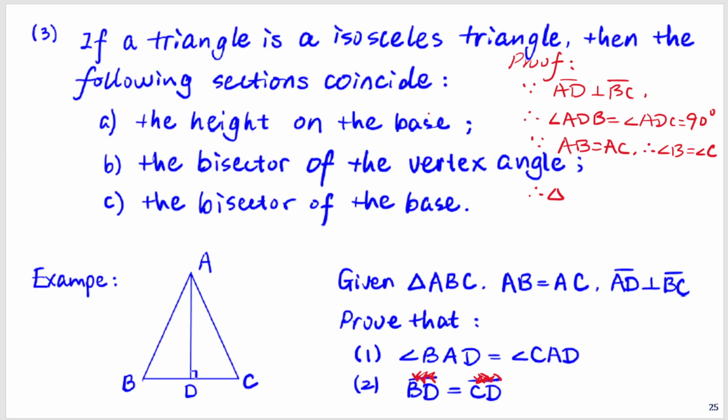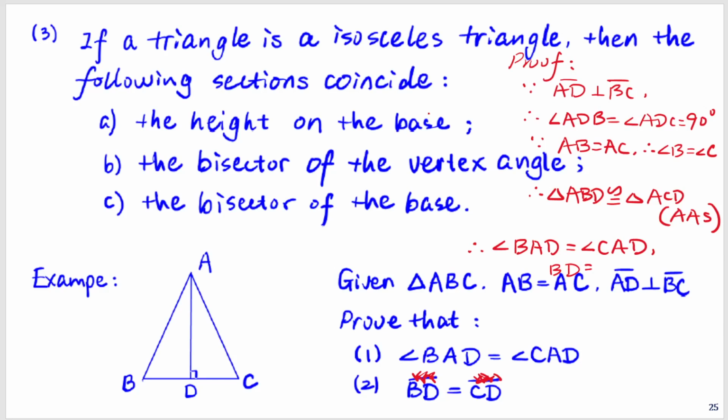So we have triangle ABD is congruent to triangle ACD by AAS, right? Therefore, we have angle BAD equals angle CAD, and also BD equals CD, right? Again, the concept here is pretty straightforward. Do you have any questions?